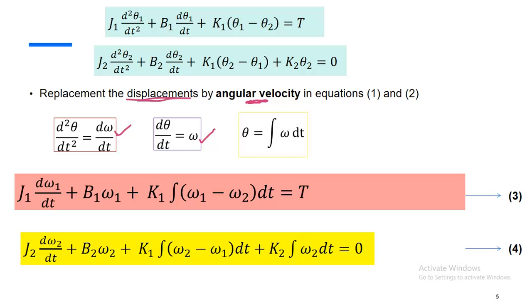So the first equation is J1 d omega 1 by dt, plus B1 omega 1, plus K1 integral of omega 1 minus omega 2 dt, which is equal to T. In the second equation, J2 d omega 2 by dt, plus B2 omega 2, plus K1 integral of omega 2 minus omega 1 dt, plus K2 integral omega 2 dt, is equal to 0.